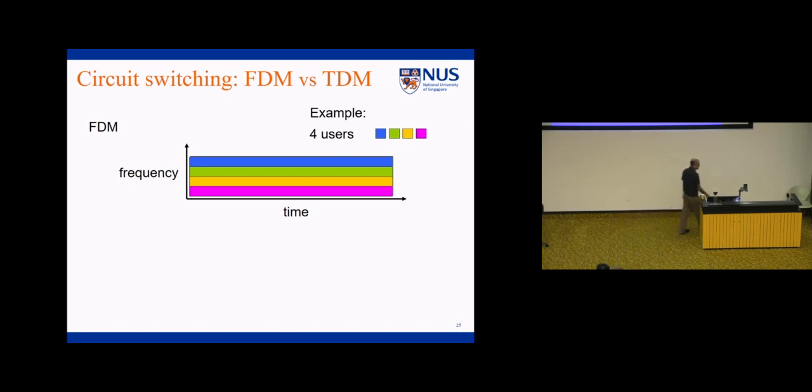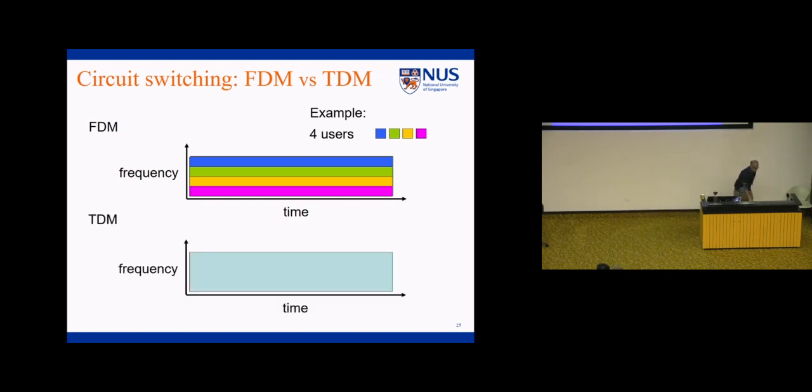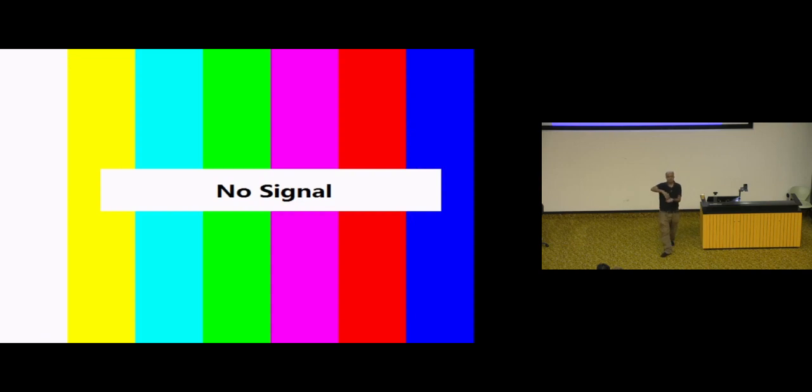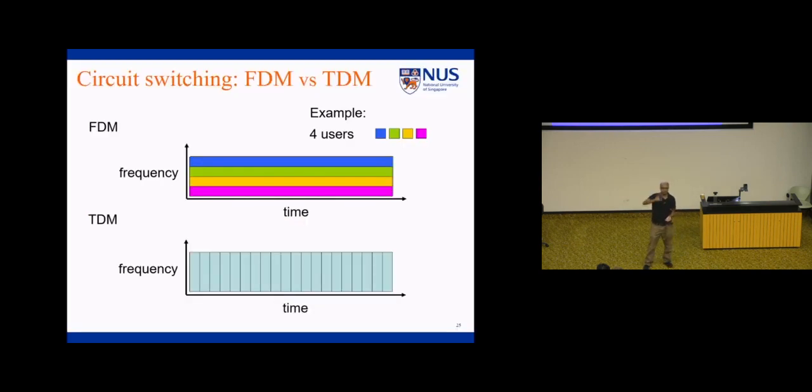The other option that I have is to split in time. I say, when you transmit, take the whole frequency band. I'm not confining you to a specific frequency band. Take the whole thing. But you cannot transmit at all times. So I'm going to divide time into slots, and I will allocate different slots to different people.